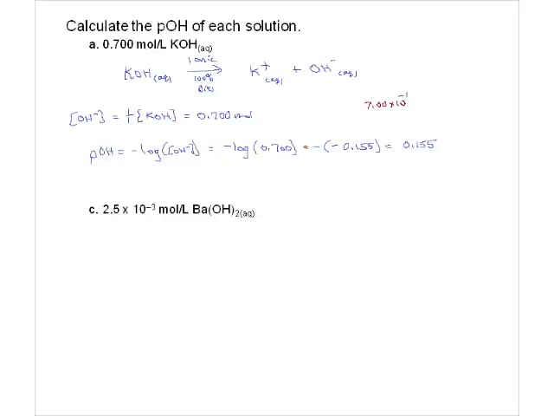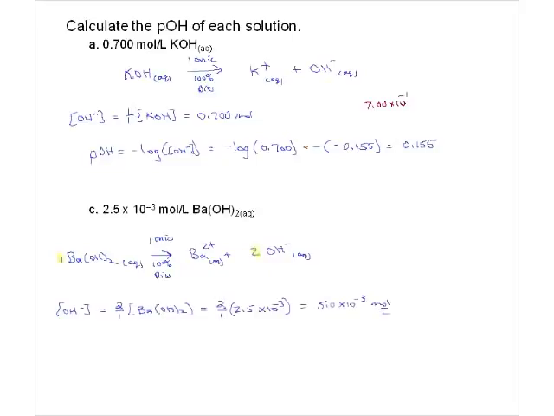Here's another example. We want to calculate the pOH of some barium hydroxide solution. Now we've got to watch this guy, because barium hydroxide is ionic as well. It's going to be 100% dissociated, but look at this. It's producing twice as much hydroxide. So I'm going to have to do a little bit of stoichiometry here to figure out the hydroxide ion concentration.